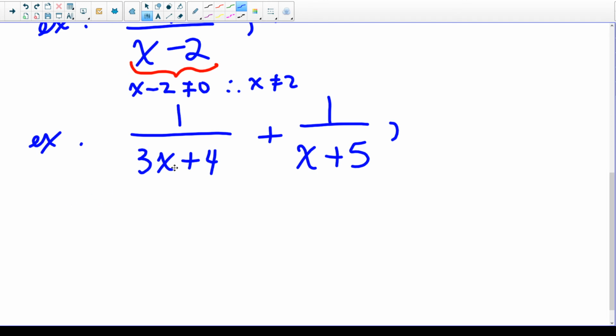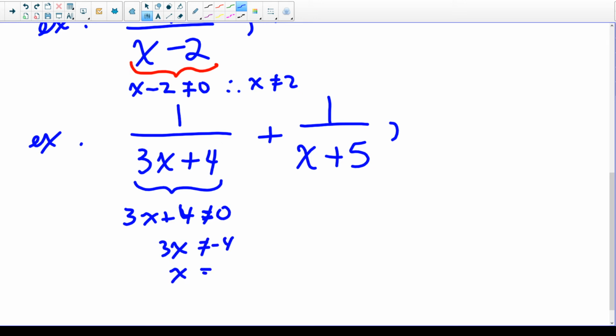Well, if we look at the first one, and I am going to do this the long way right now, for this one here, you'd write 3x plus 4 can't equal to 0, and then isolate x. If you isolate x, you're going to end up with a negative 4 on the other side, and then you're going to isolate by dividing by 3.